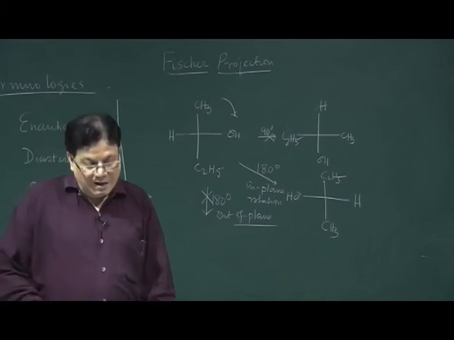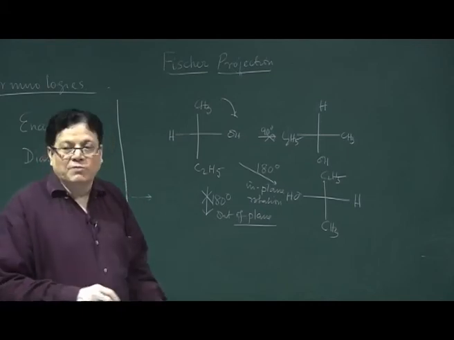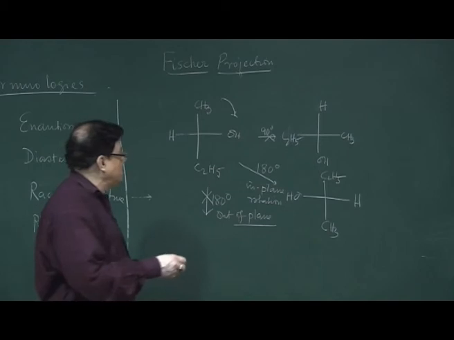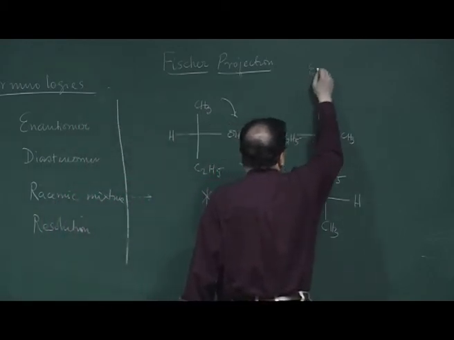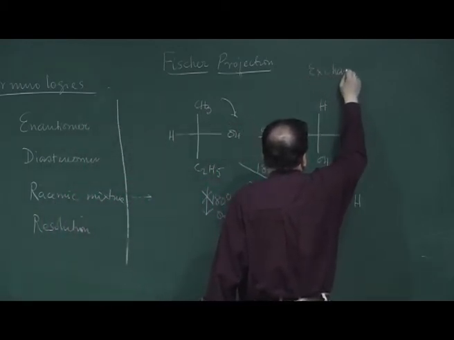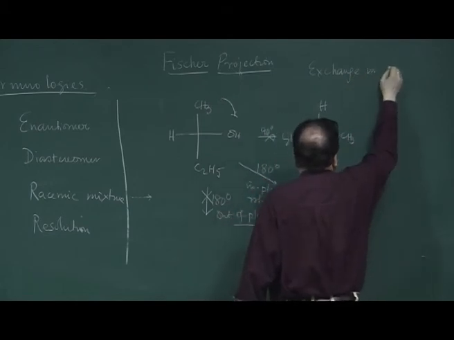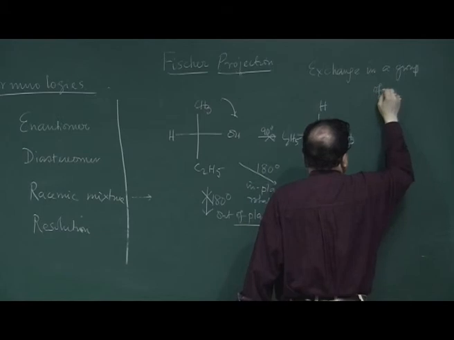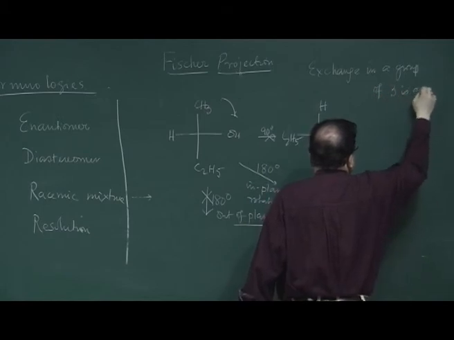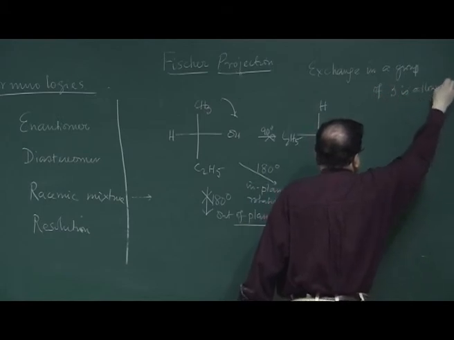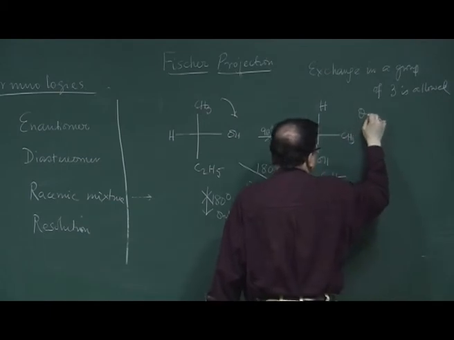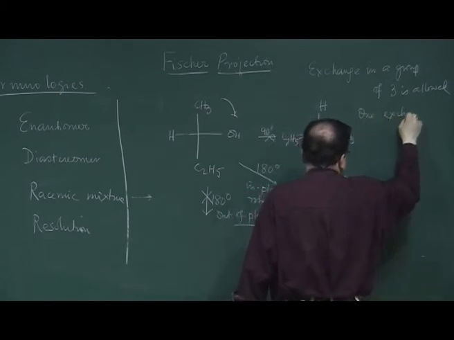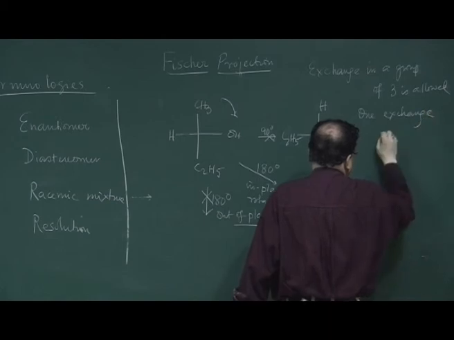The rule says that exchange in a group of 3 is allowed. And one exchange is disallowed.